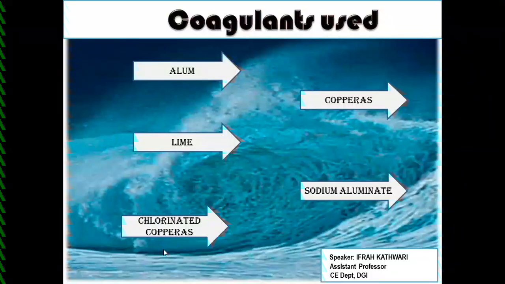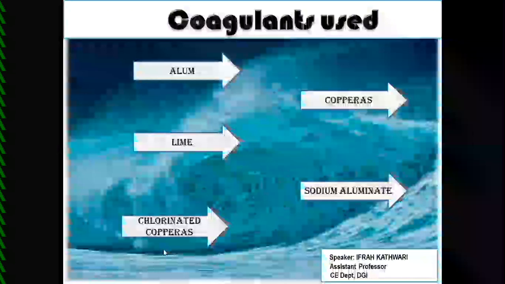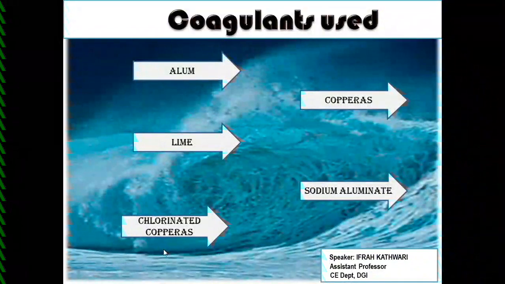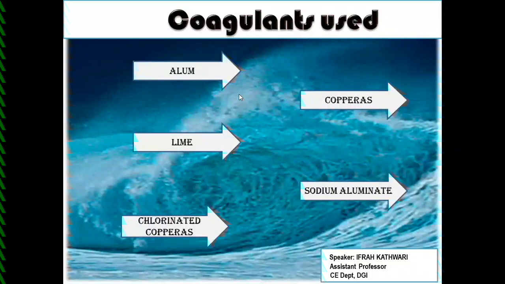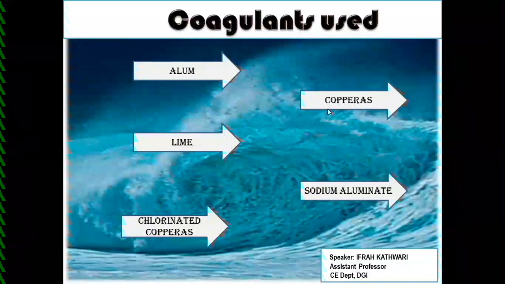When we go for the chlorination of copperas, it gives us chlorinated copperas, which is used as a coagulant, like alum. Not for colored water, but any other water we can use it as a coagulant. Now the dosage of copperas is the same as alum, which is 10 to 30 milligram per liter.